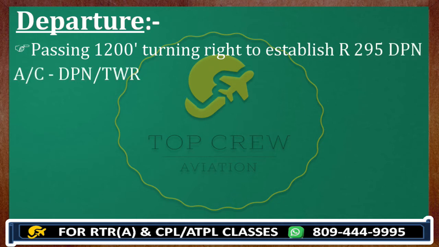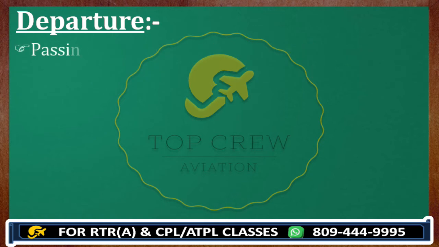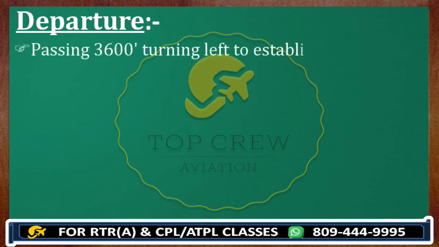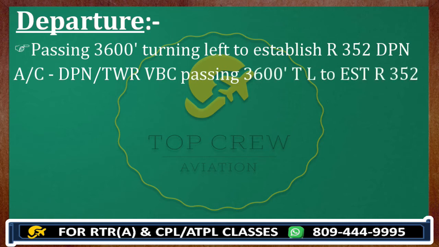If you are going to give this call, how would you give it? Delhi Tower, Victor Bravo Charlie, passing 1200 feet, turning right to establish radial 295. ATC will tell you Roger. Then whenever you are passing 3600 feet, you will say, passing 3600 feet, turning left to establish radial 352 to Delhi Papa 605.